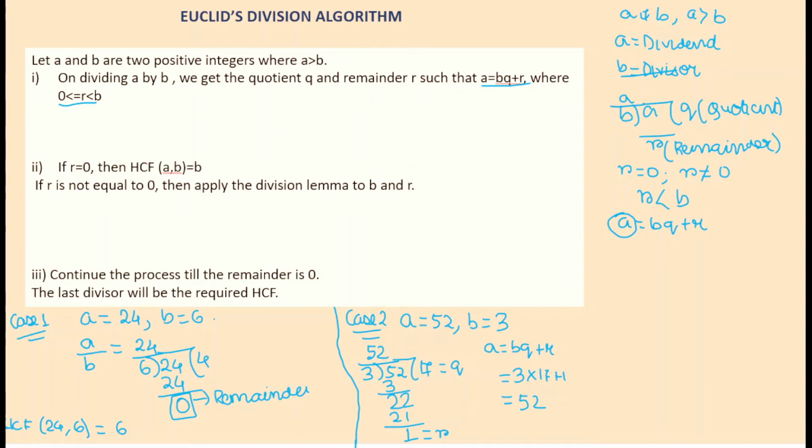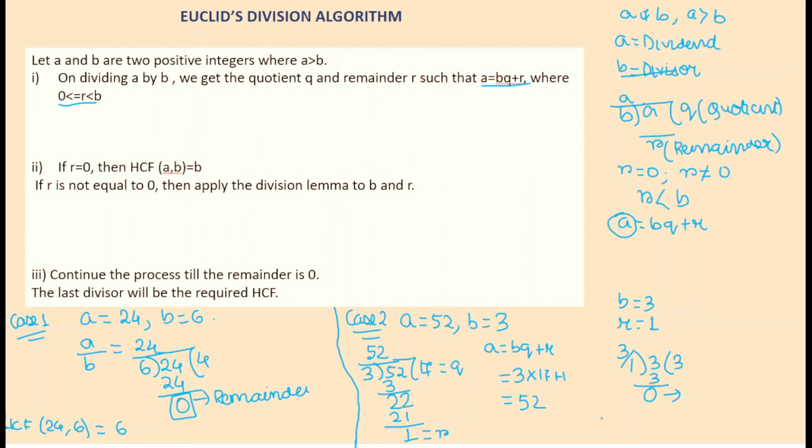At this step, we will be dividing B by R, means you will be dividing the divisor by the remainder. B is here 3 and the remainder is 1. So I will do 3 divided by 1. 1 threes are 3, so the remainder comes out to be 0. Since the remainder comes out to be 0, we can stop the process.